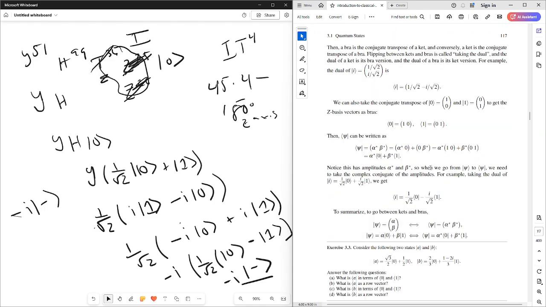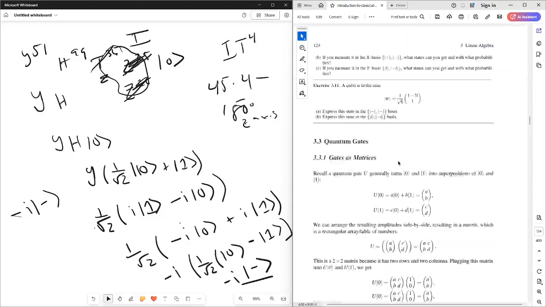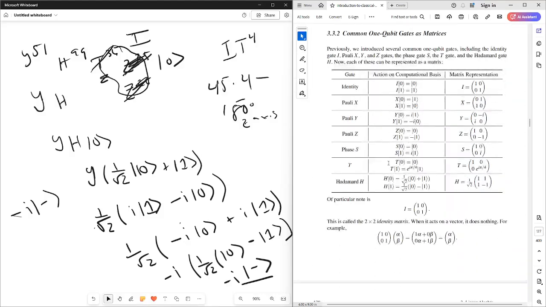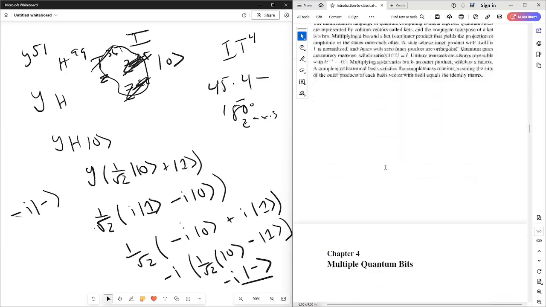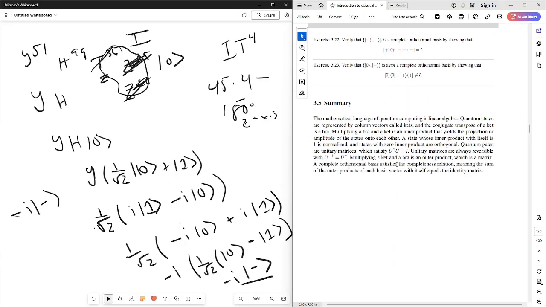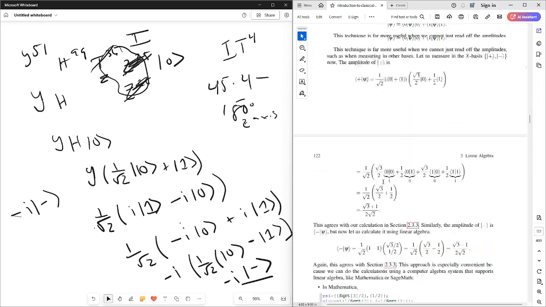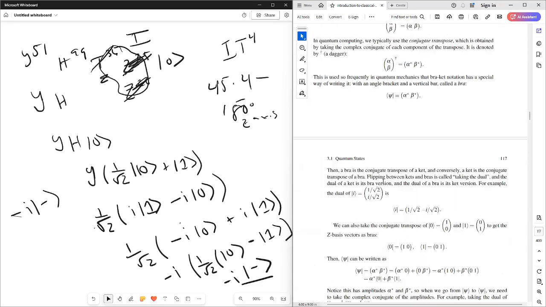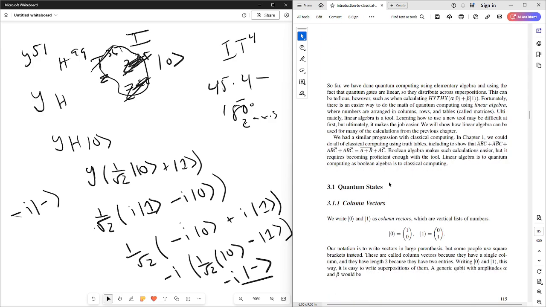But this linear algebra section is really where it started to click for me, because we can start thinking about things as matrices. It's about a 20-page chapter, so we could bang this out.